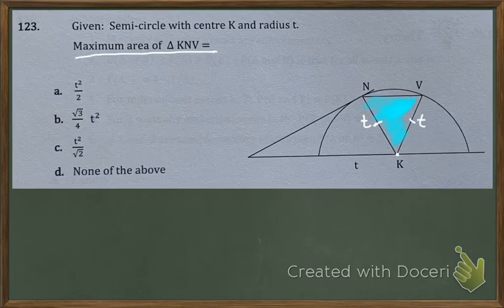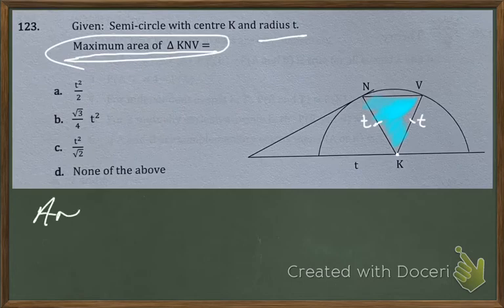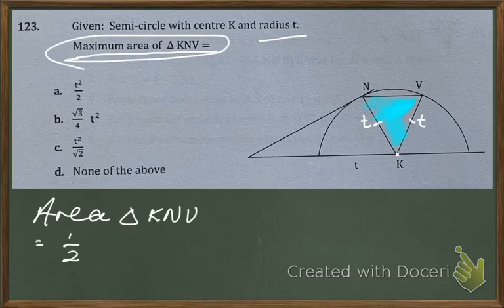They are, of course, the radii of the circle. The radius is T. And then we can write down the area of triangle KNV, and the area of triangle KNV is, according to the area rule, a half times A times B times the sine of C.